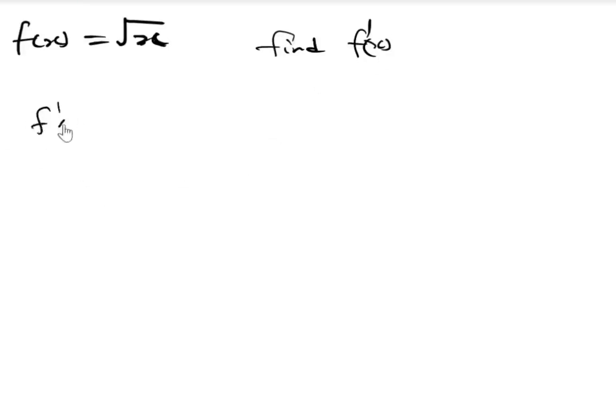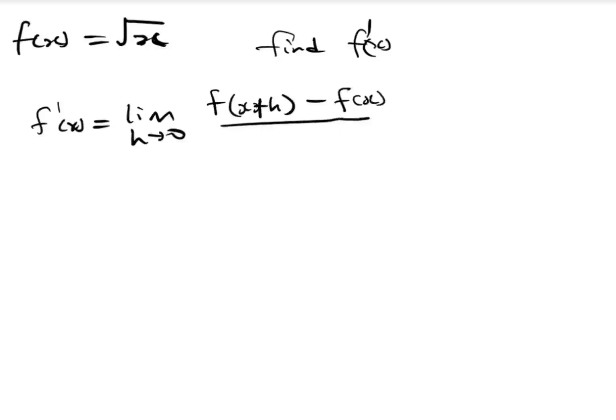Similarly, if f of x is equal to the square root of x, and we are asked to find the first derivative, let's find f prime of x. We all know that f prime of x is the same thing as the limit as h approaches 0 of f of x plus h minus f of x, divided by h.